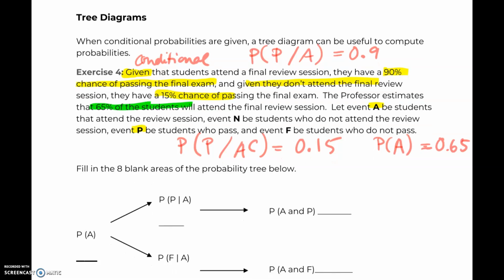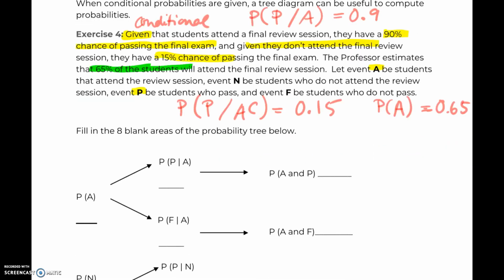When we put our tree diagram together, we always start with a marginal probability. So keep that in mind, because we have the probability of attending the review session, and then the complement, which is the probability of not attending the review session, very similar to the table. In fact, we'll see how the tree diagram and the table tie in together.